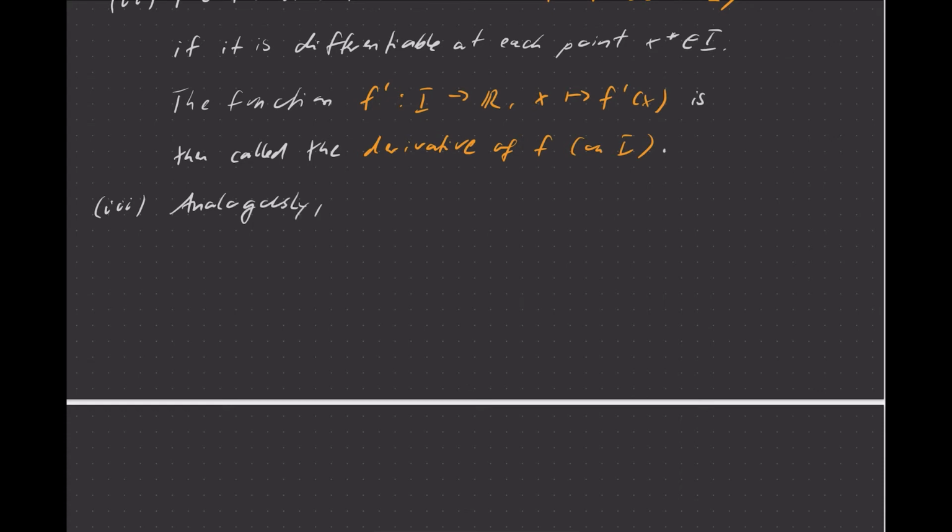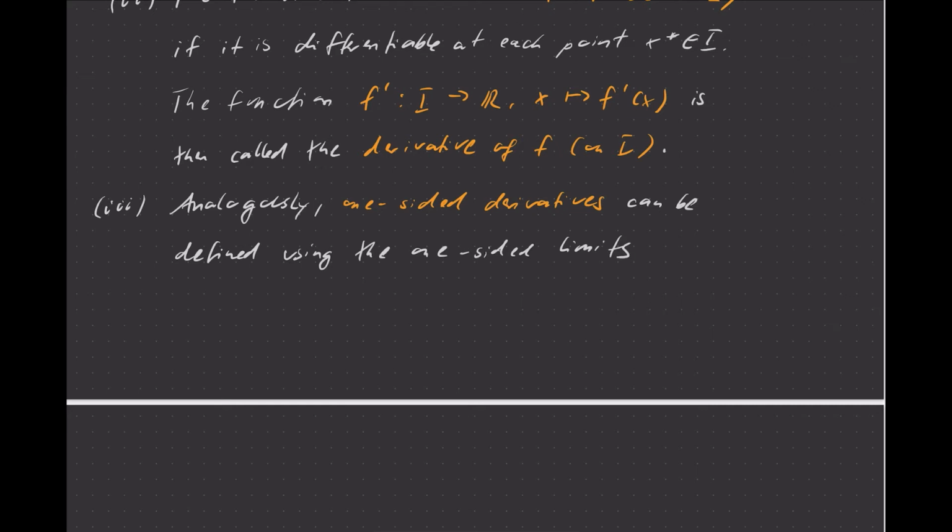Analogously, one-sided derivatives can be defined using the one-sided limits, and then you just use the limits. x could tend to x star from above, and the difference quotient is of course the same.